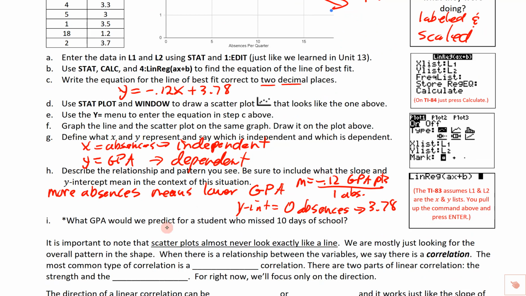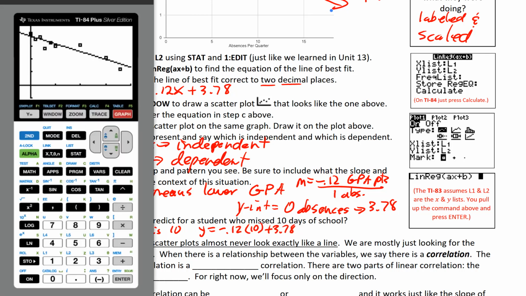Which brings us to our next point, and that is right here. It says, what GPA would we predict for a student who misses 10 days of school? Well, remember, 10 days of school, that's 10 absences. Absences are x. So what this means is, what is y when x is 10? So we're going to put a 10 right here. So y equals negative 0.12 times 10, we put that in parentheses, times 10 plus 3.78.